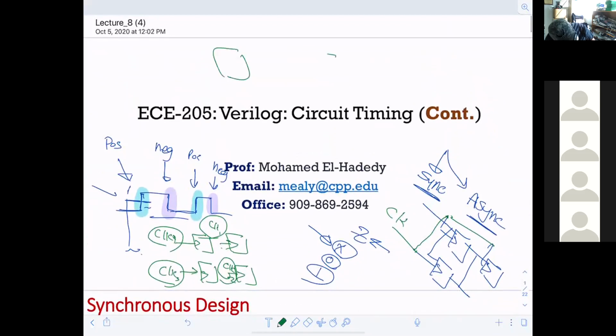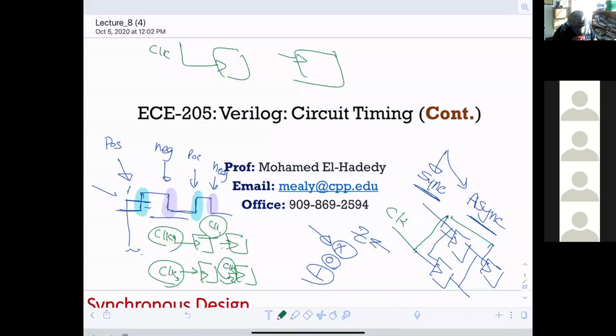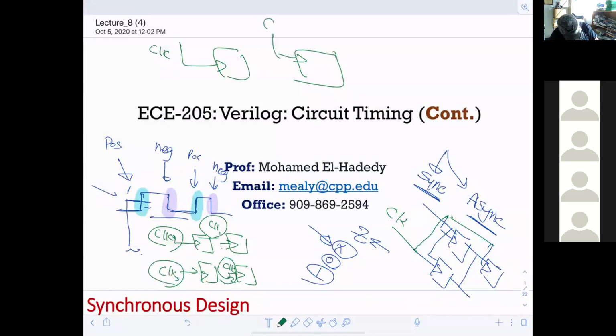If I have here two flip-flops, one is running in clock 1 and one is running in clock 2. What is the best way for moving data from this one to that one? You need something in the middle. A multiplexer, or a combinational circuit. Buffer. Maybe.